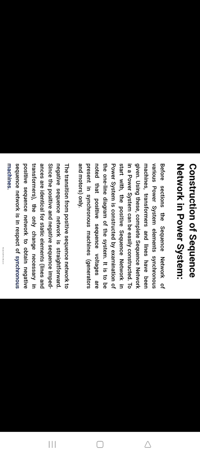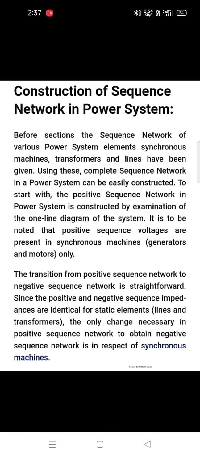Now the construction of sequence networks for a power system. In the previous section, the sequence networks of various power system elements, synchronous machines, transformers and transmission lines, have been given. Using these, the complete sequence network of a power system can be easily constructed. To start with, the positive sequence network is constructed by examination of the one line diagram of the system.